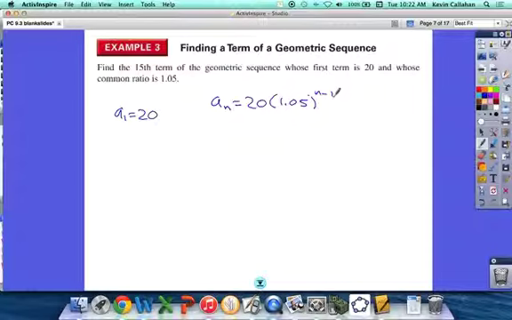It'll be a one-step calculation. a15 equals 20 times 1.05 to the 15 minus 1. That's about 39.6.